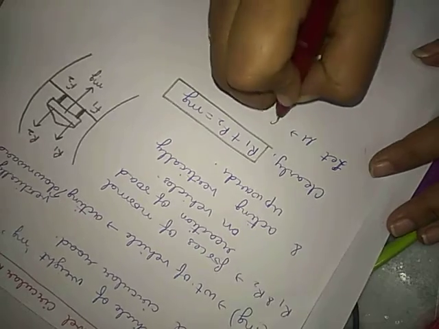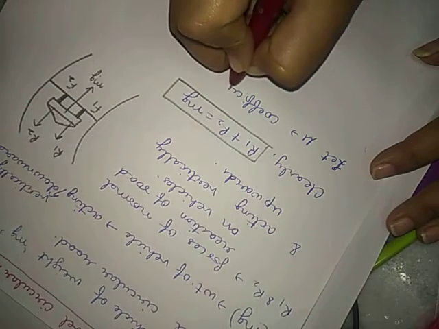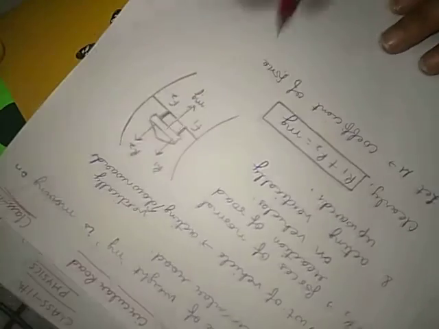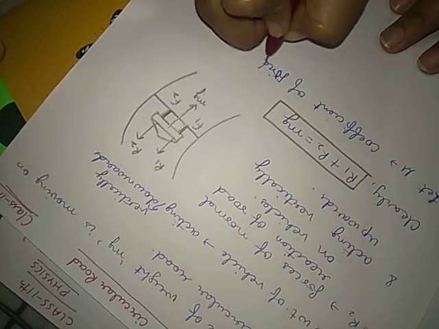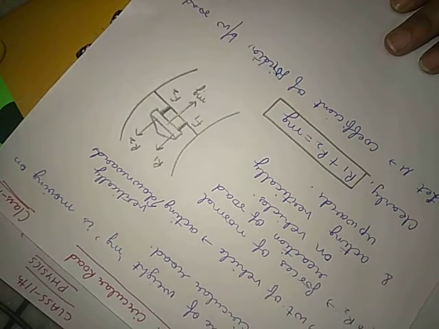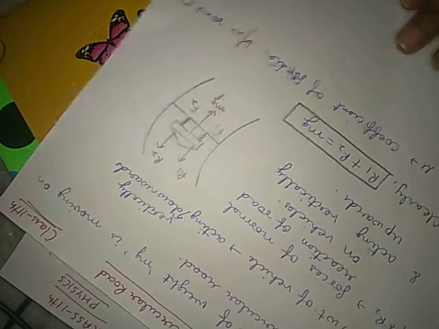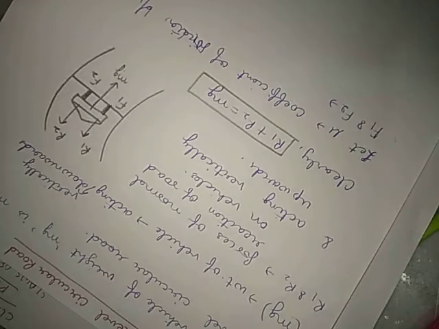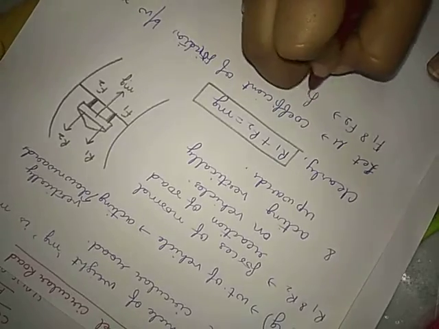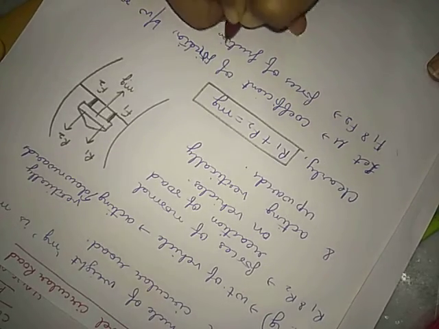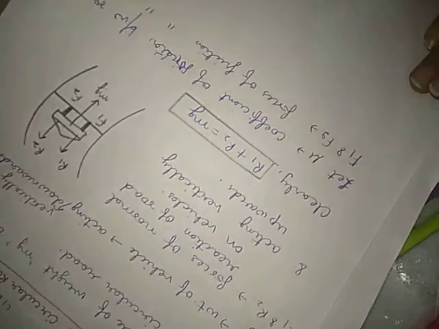Mu means the coefficient of friction between tires and road. And F1 and F2 are what? These are the forces of friction between the tire and road.